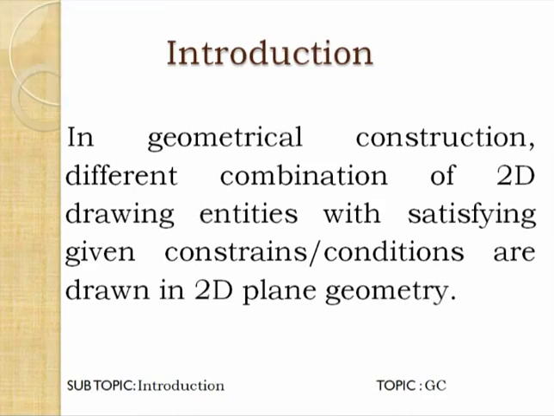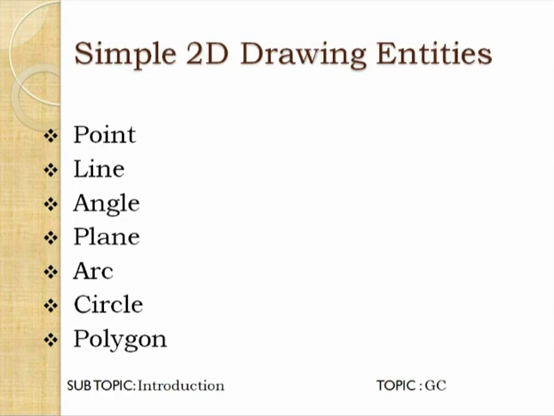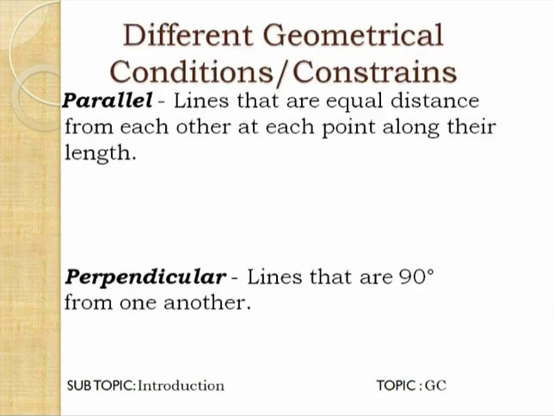So this is the basic objective of this topic. Now different drawing entities or primitives of the geometrical constructions are point, line, angle, plane, arc, circle, polygon. These are the different drawing entities. These are the different geometrical conditions or constraints.